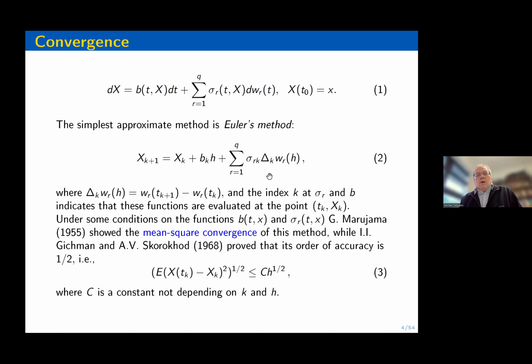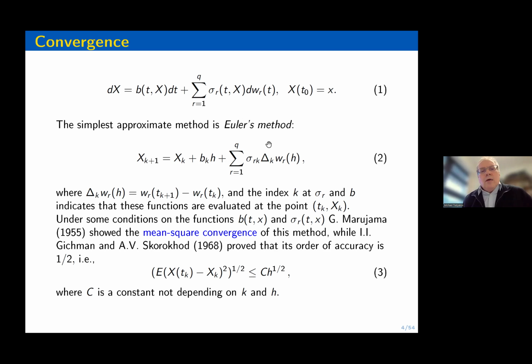What turns out in the case of general stochastic differential equations, where by general I mean that we are not imposing any particular structure on the diffusion coefficient, is that there are no higher order mean-square approximations which are constructive.